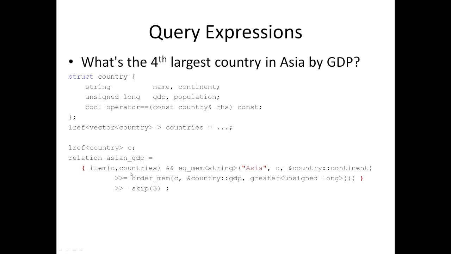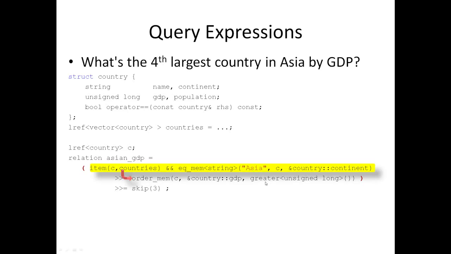We're basically enumerating all the countries using the iteration variable C, and then we are performing filtering on the data member continent to select only the countries which belong to Asia. And then we are feeding that expression to the order_mem_tlr, which is going to sort all the Asian countries by their data member GDP.